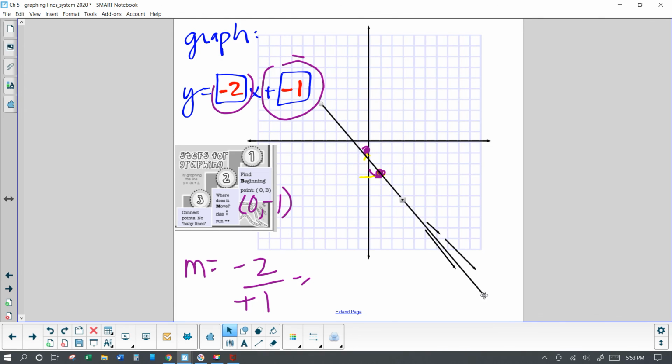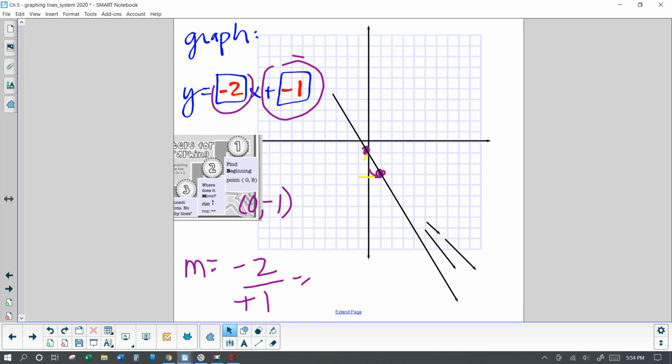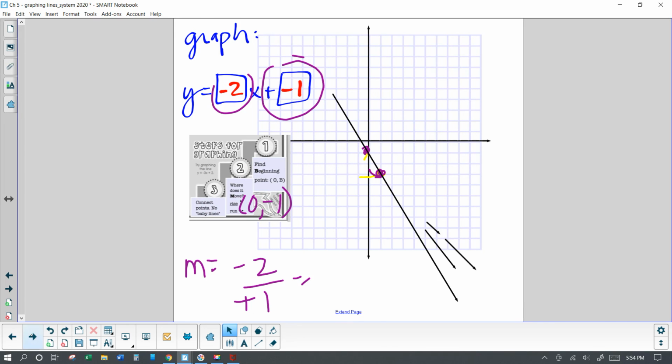Let's see if we can get that lined up a little bit better. There we go. Okay, so there's my line. Just ignore these other weird lines over here. Get your line drawn all the way through your graph. Make it look good. No baby lines. Oh, you can see my computer's not loving me. Okay, all right.